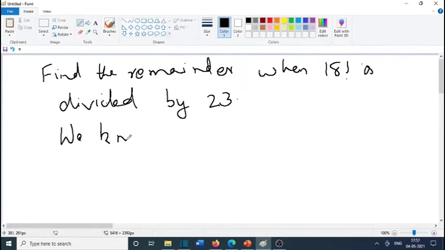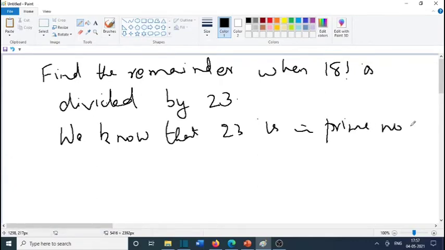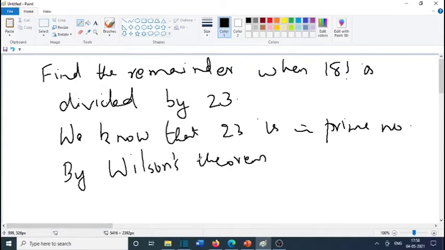We know that 23 is a prime number. By Wilson's theorem, we have 23 minus 1 factorial congruent to minus 1 mod 23.